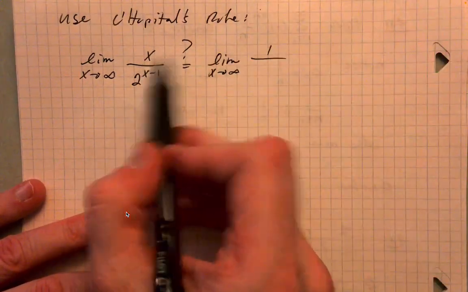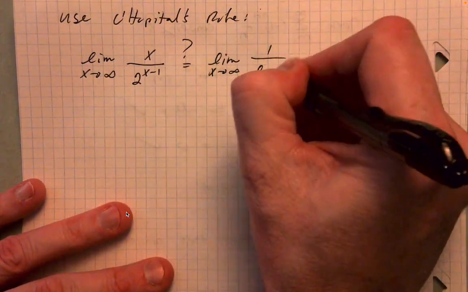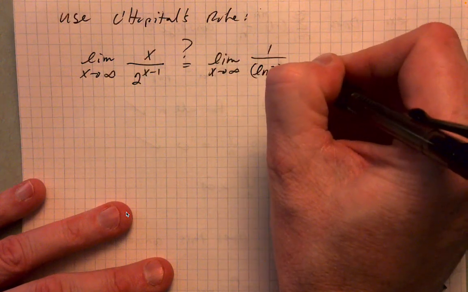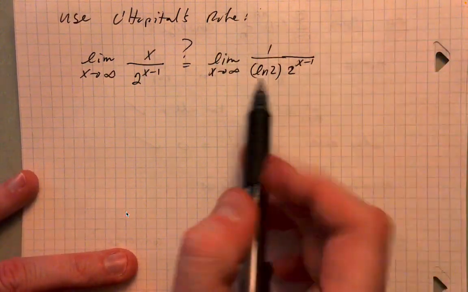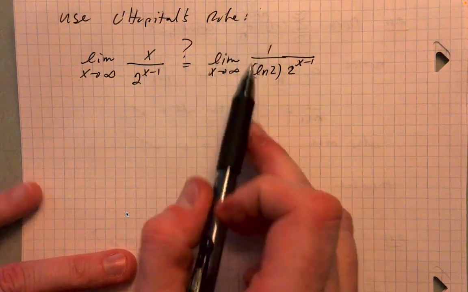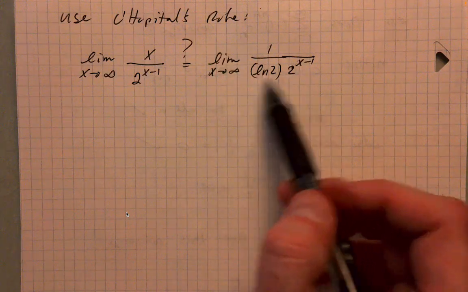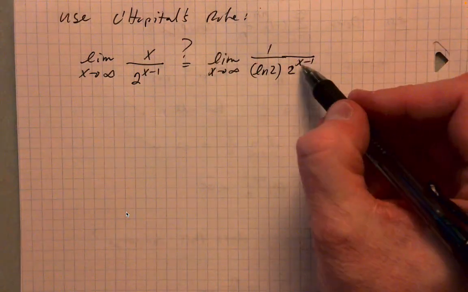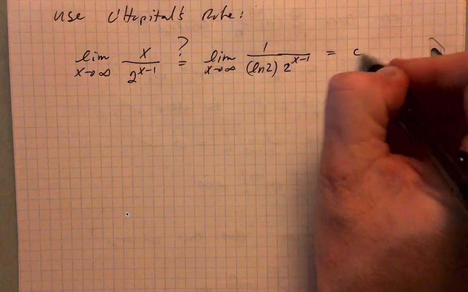So the derivative of x is 1. Now what's the derivative of this? Well, you may recall it's natural log of 2 times 2 to the x minus 1 power. And so now we have a form that is not an indeterminate form, right? So this limit will be 0, right? Because this piece of the denominator is going to grow without bound, and so this is going to be equal to 0.